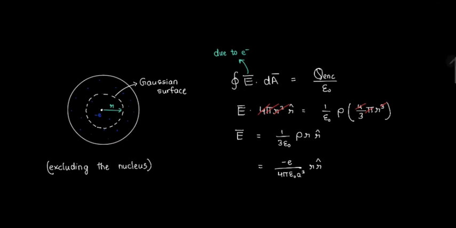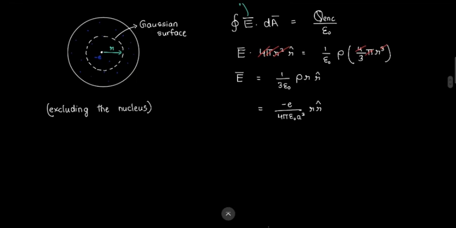I'll apply Gauss law. Take a distance r. I'll take a Gaussian surface with radius r, which is a sphere in this case. Applying Gauss law, I get the electric field due to the electron cloud within this Gaussian surface. So the electric field at a distance r is given by this equation. A is the radius of this entire atom, the atomic radius. So now we have the electric field due to the electron cloud as well.